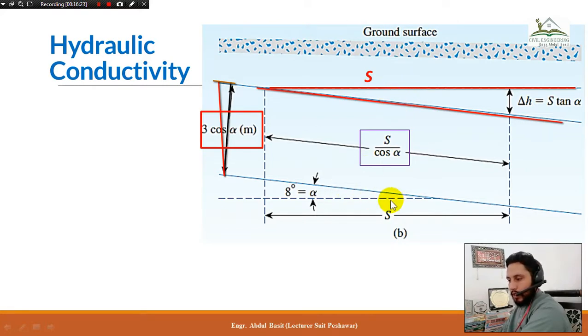Or you can say in this triangle, if this is alpha, this will also be alpha. This is also alpha, for which base is S and hypotenuse we can calculate by cos alpha is equal to base by hypotenuse. So hypotenuse will be equal to S divided by cos alpha.